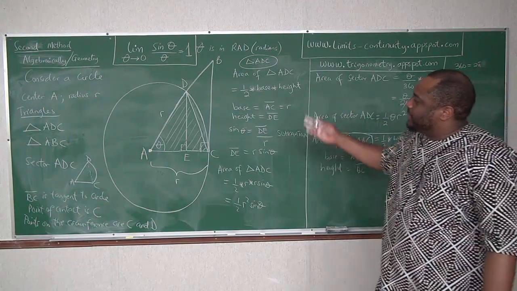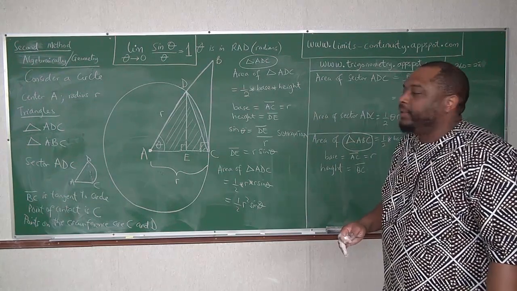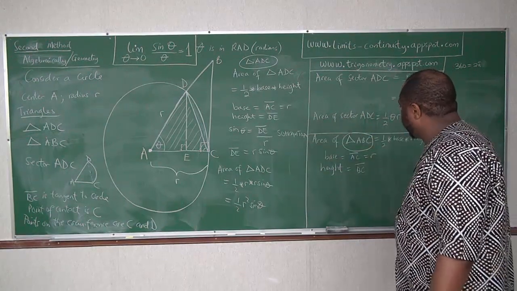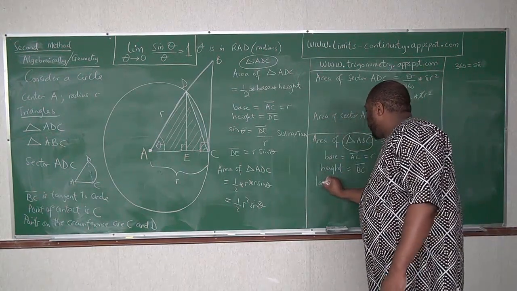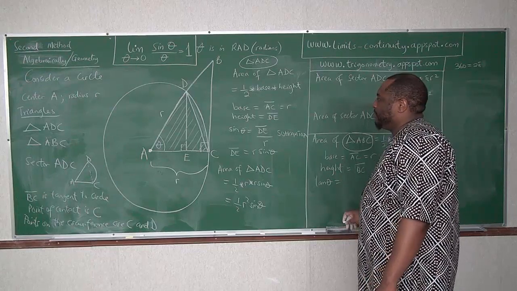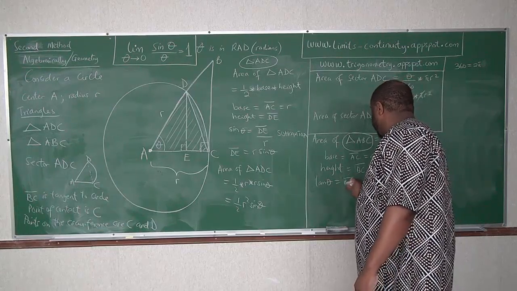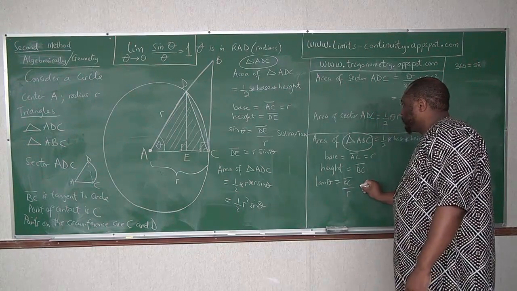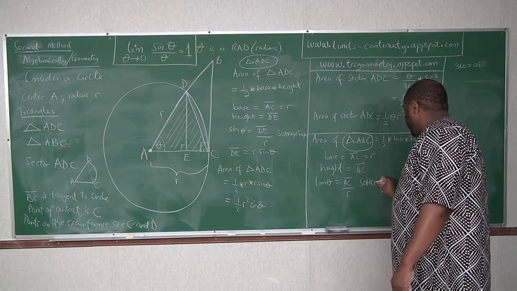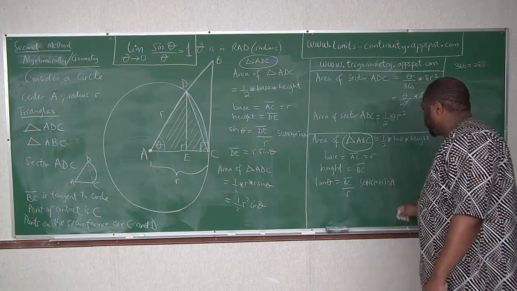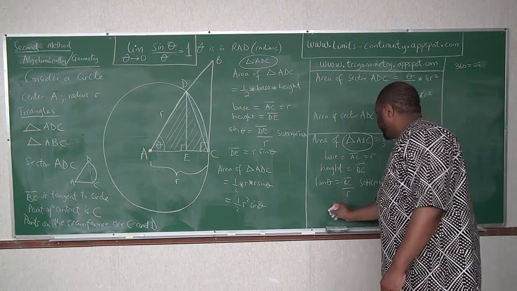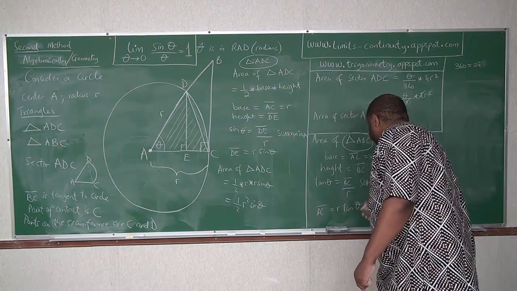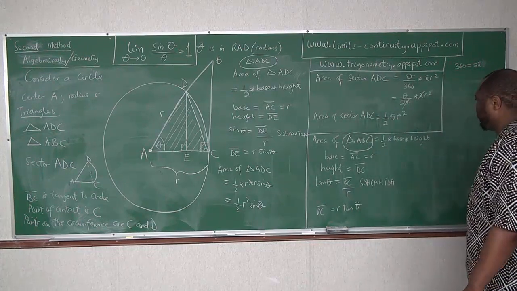So what connects the height? Let's find the trig ratio for the height. This is opposite over adjacent. So tan theta is opposite, which is BC, over adjacent, which is R. And this is the SOHCAHTOA rule. So BC is R tan theta.